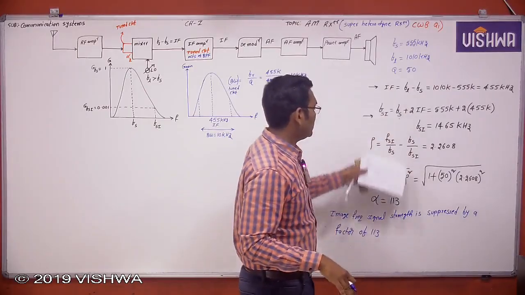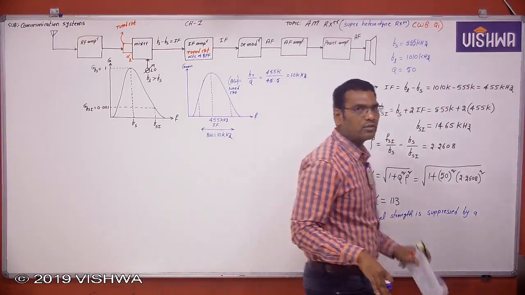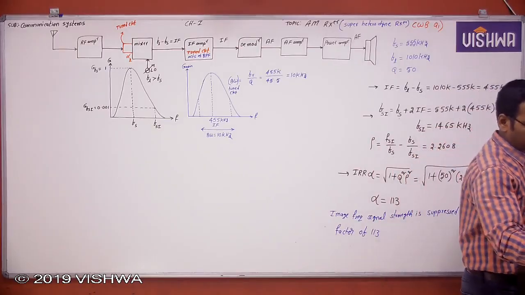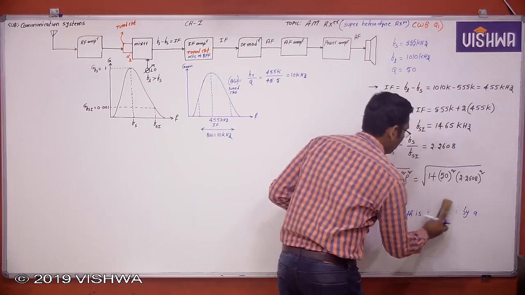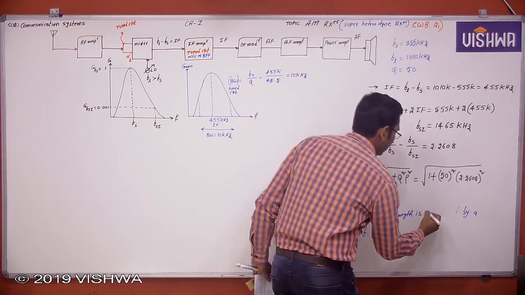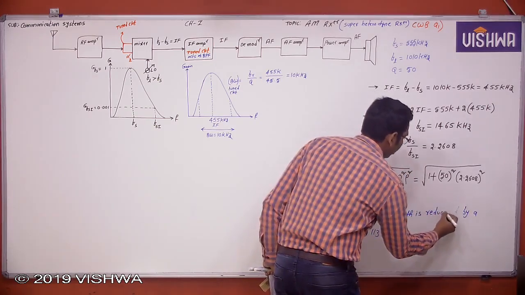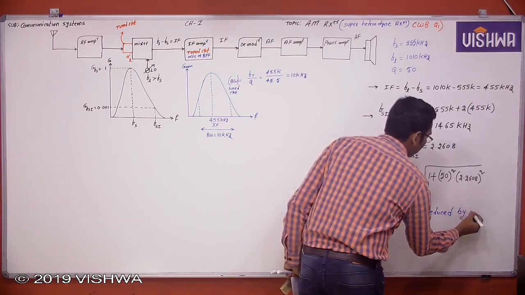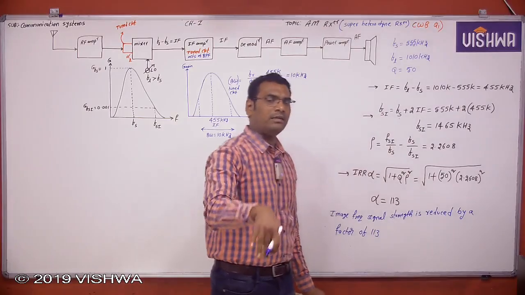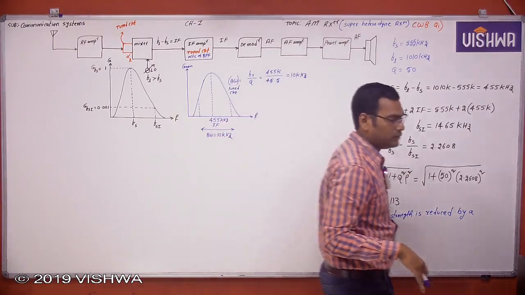For example, if the image frequency signal strength is 1, it is further decreased by a factor of 113. This is the meaning of image rejection ratio. Or we write that the image frequency signal strength is reduced by a factor of 113.